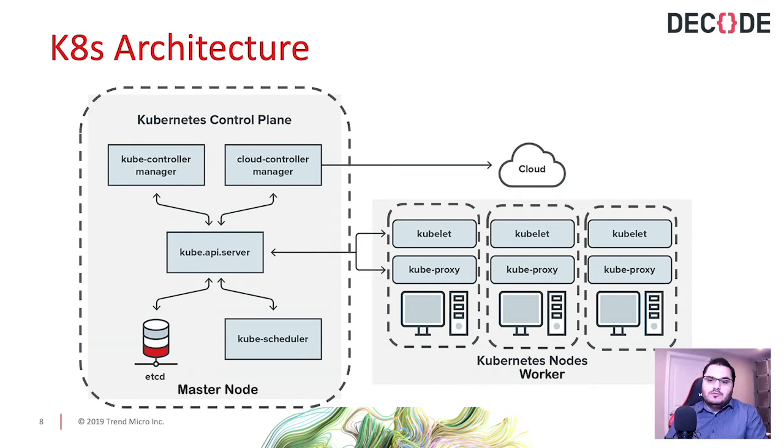We're gonna go into the pod definition itself on the next slide. And you have the cloud controller manager that interacts with the cloud providers, managing resources such as load balancers and disk volumes, right? So this is the master node. It's also known as the control plane.